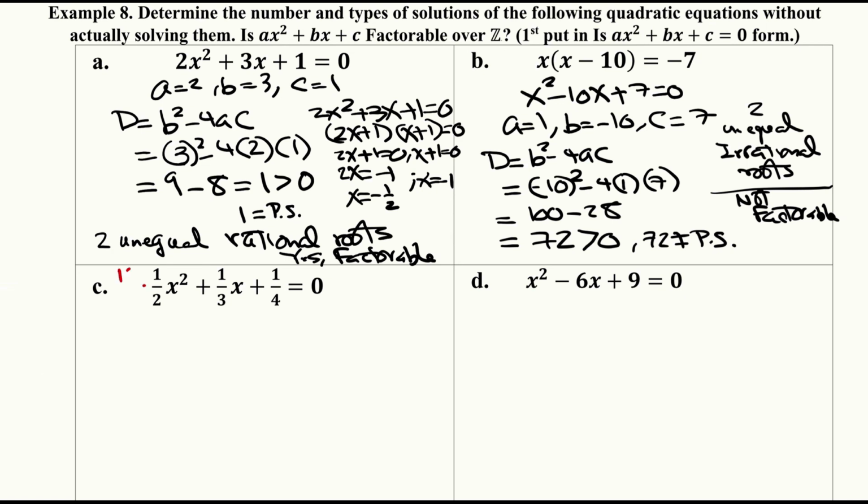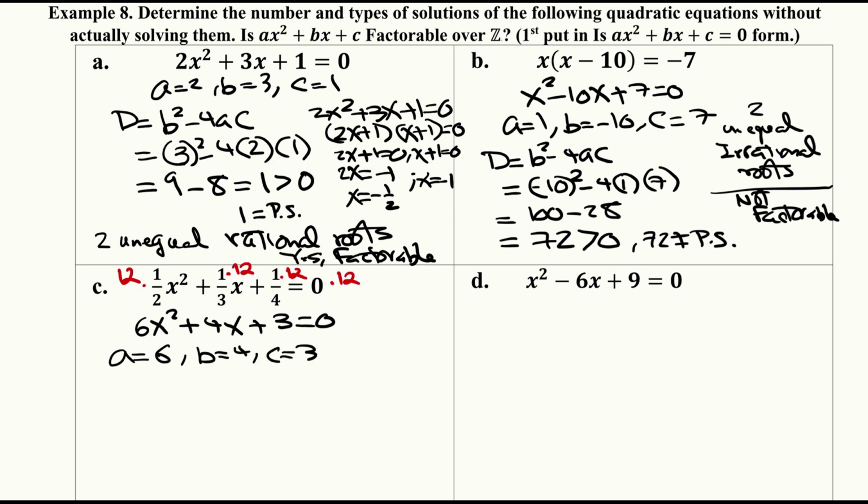So we'll multiply by 12, and that'll be by all terms because of distribution. So if you recall, we end up with 6x squared plus 4x plus 3 equals 0. So we have A equals 6, B equals 4, C equals 3.